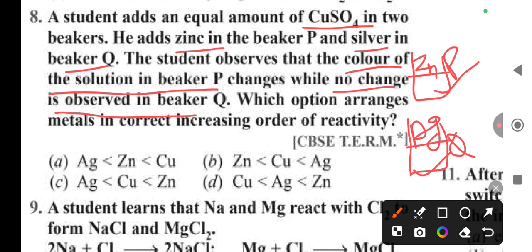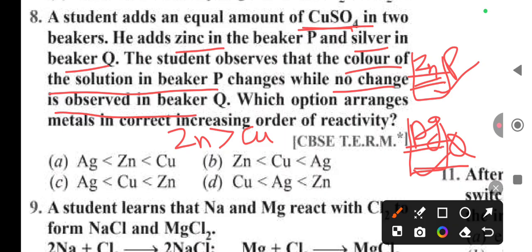So what final conclusion you have got, it means this zinc can replace copper from the copper sulfate solution. It means zinc is more reactive than copper. But in beaker Q, you will see here silver will not react with copper sulfate.